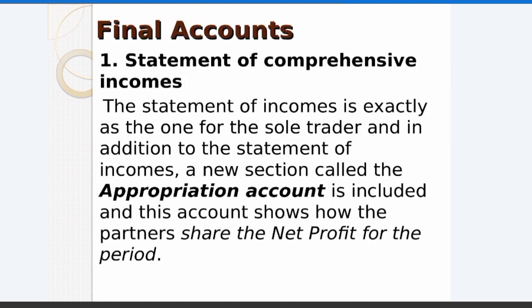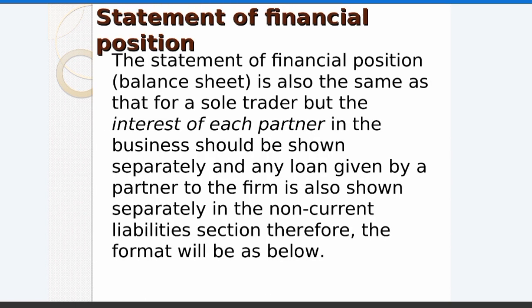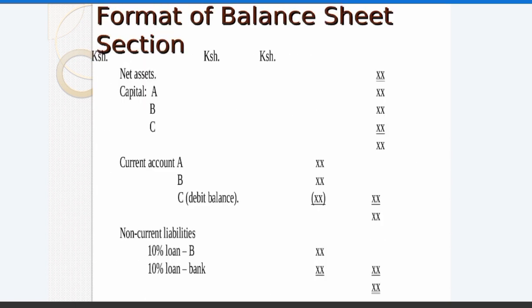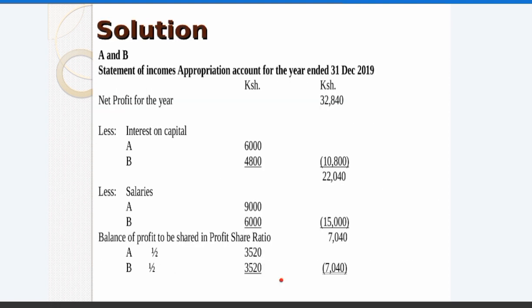So let us then look at our illustration and how we are supposed to prepare this appropriation account and the partners' current accounts. Here we have the statement of income and appropriation account for the year ended 31st December 2019. Our net profit for the year was 32,840.